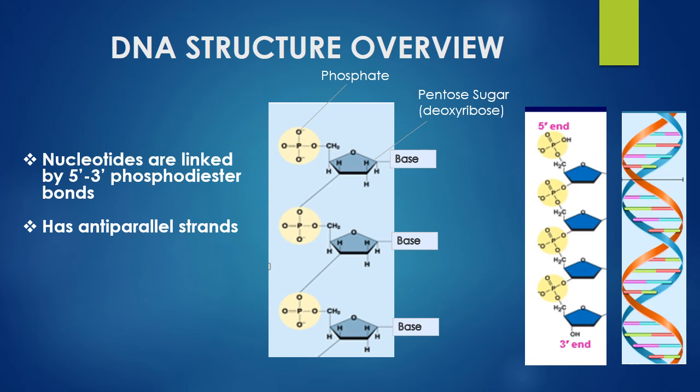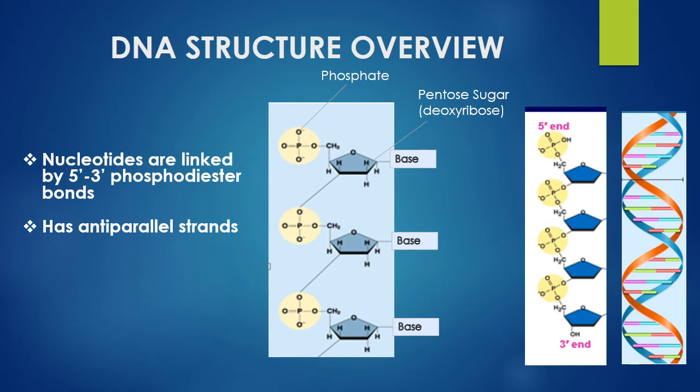So as you can see from this diagram, as we had said before, the phosphate and the pentose sugar attach to each other to form the DNA backbone. And then of course they'll be attached to the base, as you can see from this diagram here.